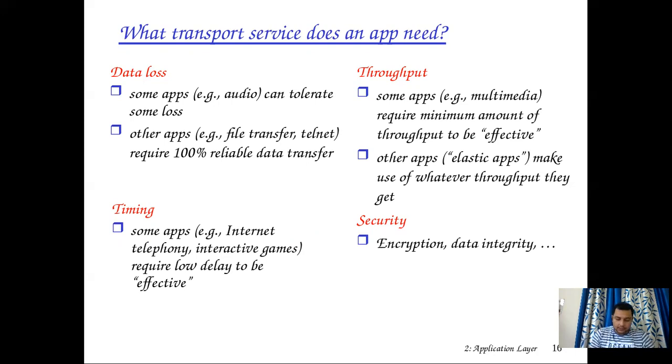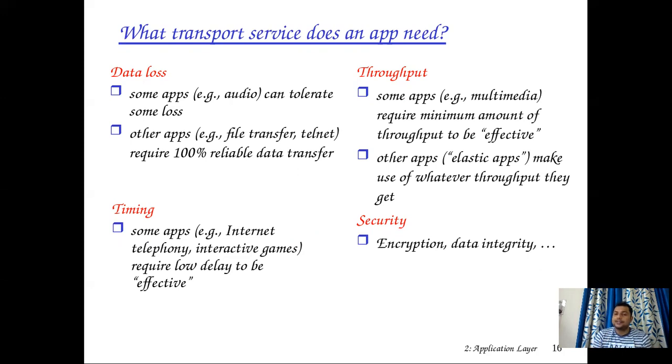First, there are certain applications which can't go for data losses. Whenever they want to share information, they are not expecting any data loss. So that kind of service they can expect from the transport layer.